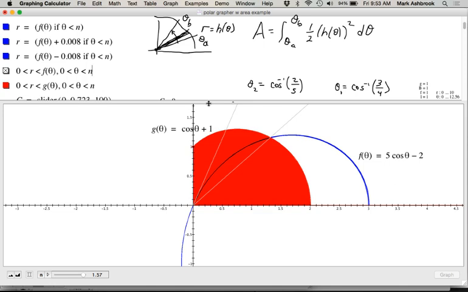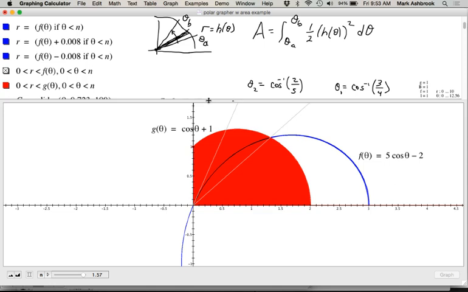Can you set up an expression that will find that area right there? Again, thinking about, we have some starting angle and some finishing angle, right? Swept counterclockwise, and accumulating triangular slivers from the pole out to the function. So what expression will calculate? So hopefully this is easy.